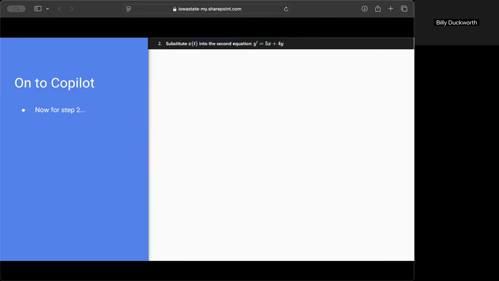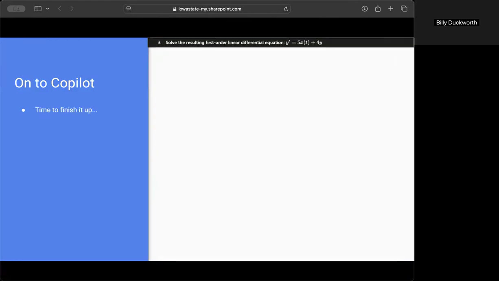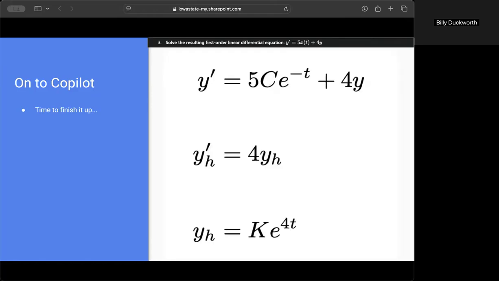Step two is now that we know what x is, we're going to fill it in. So what happens here? Again, not too much work here. It's just plugging something in. And then last step is now that we have this, we're going to actually solve that. So now it's just an equation of just y, and here's how that might look.